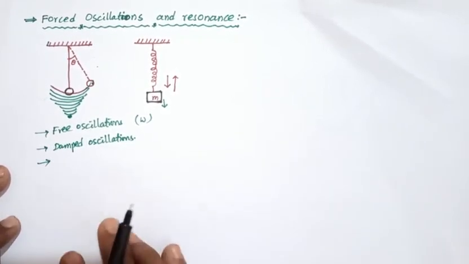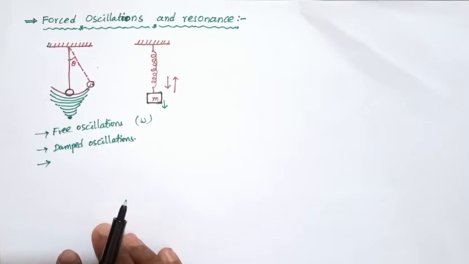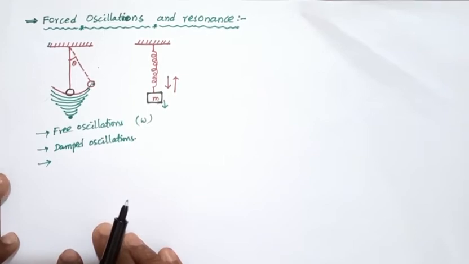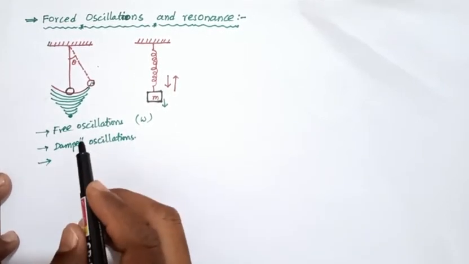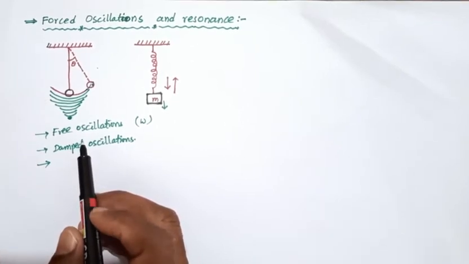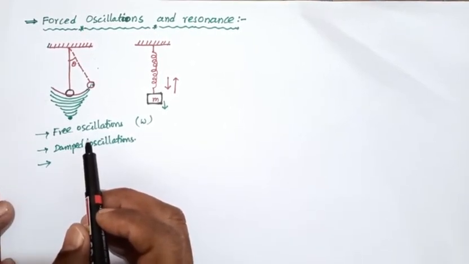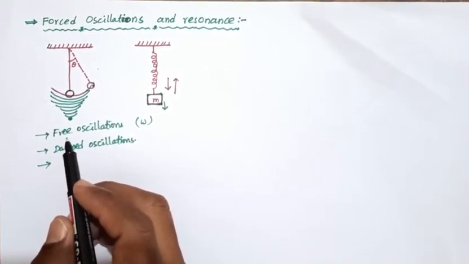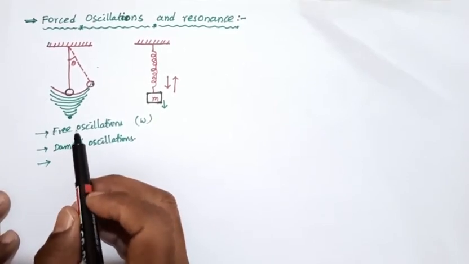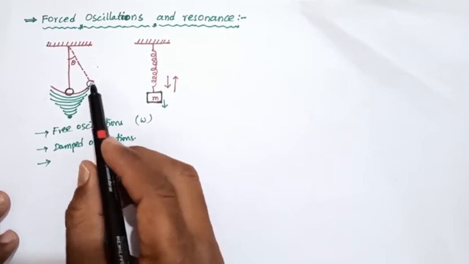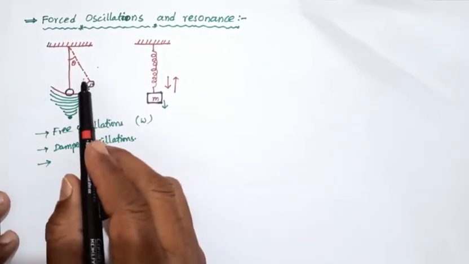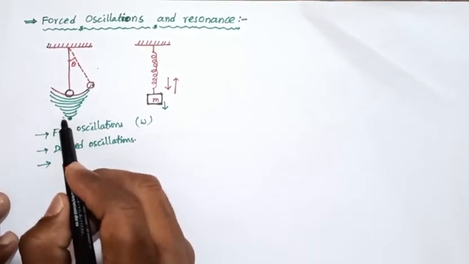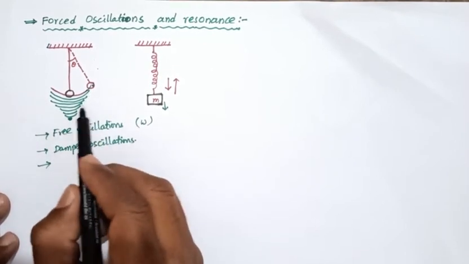However, an external agency can maintain these oscillations. These are called forced or driven oscillations. Due to the damping force, the motion of the simple pendulum or the system decreases, and the displacement decreases.